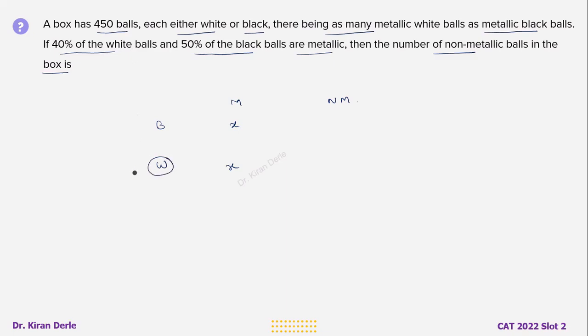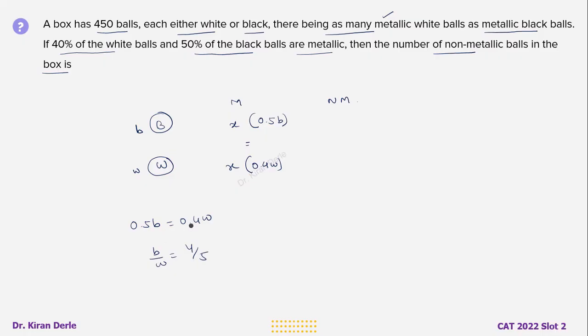Let's say the number of white balls is W and the number of black balls is B. 40% of white balls and 50% of black balls are metallic, and both these values are equal. So 0.5B is equal to 0.4W, or B by W is equal to 4 by 5.